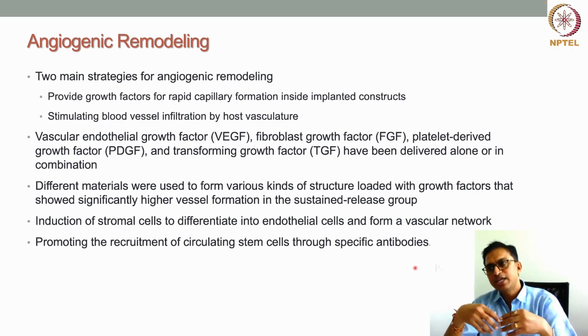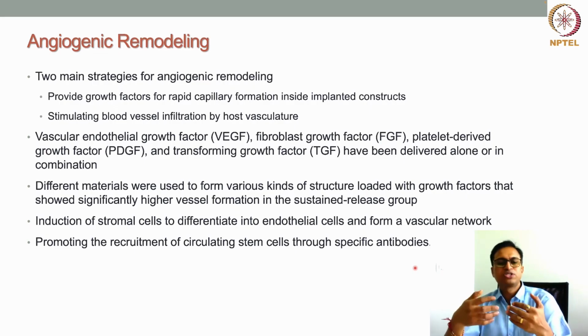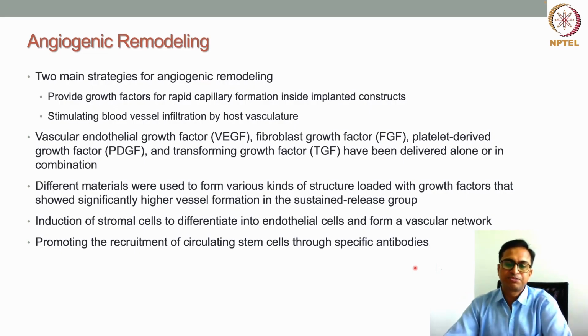If certain factors can promote the recruitment of those circulating stem cells and induce vascular tissue formation within the biofabricated constructs, that can be helpful for vascularized tissue construct development with bioprinting. So this is the strategy by which angiogenic remodeling can happen.